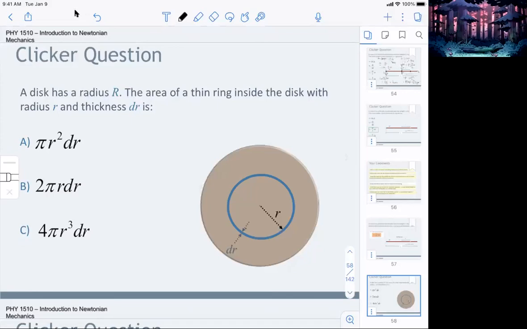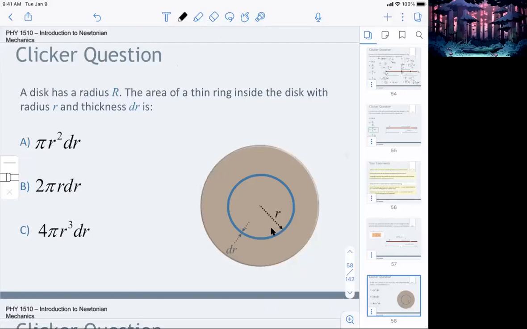All right, so 10 more seconds if you haven't voted already. All right, so let's take a look. I'm going to close it. We want to find the little area of this thin ring. It looks a little weird to calculate, but there's a trick we can use.